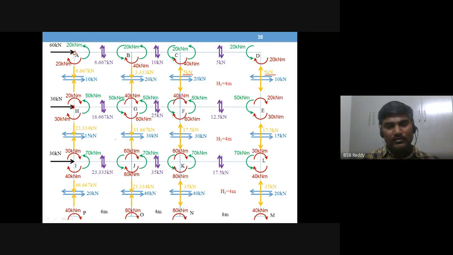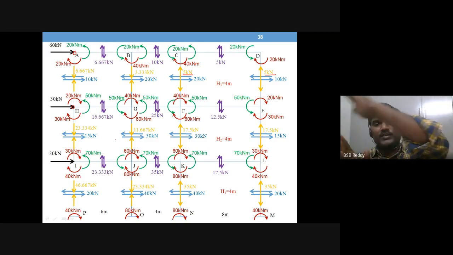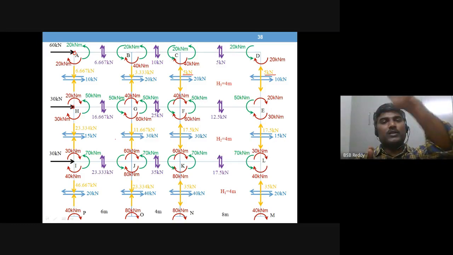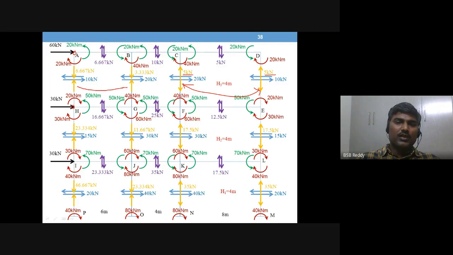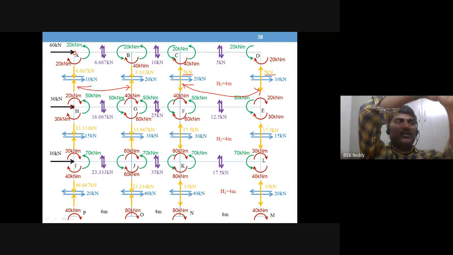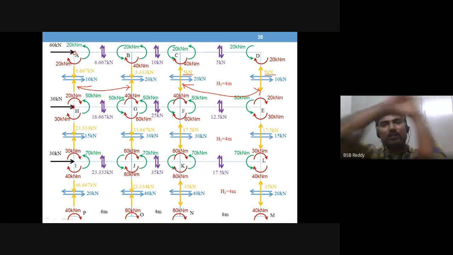Which means what? The frame is being pushed towards the right hand side. So the left two columns are in tension, the right two columns are in compression. So this is compression. These two columns are in compression, these two columns are in tension. So this face is in compression, this face is in tension.